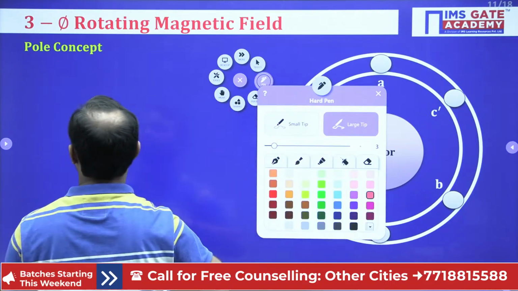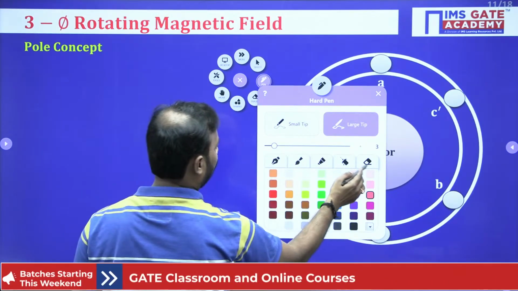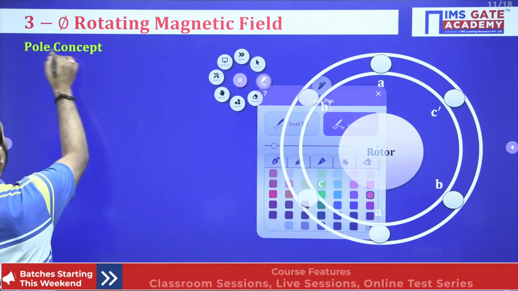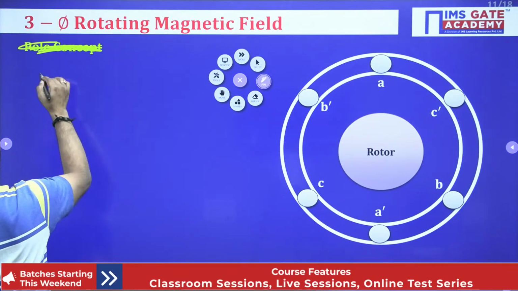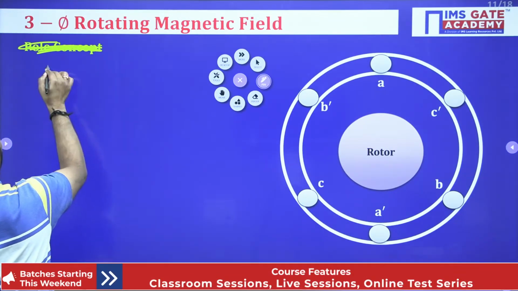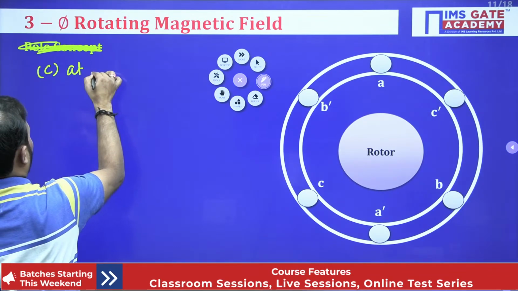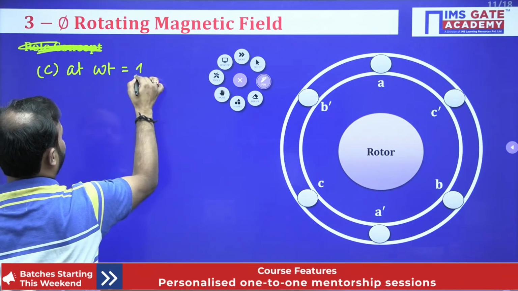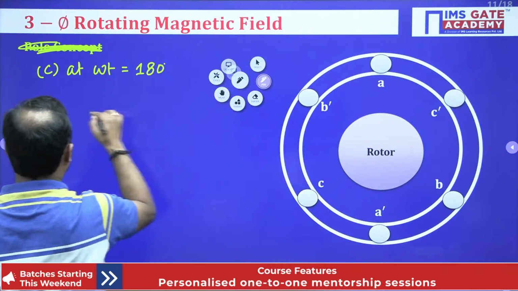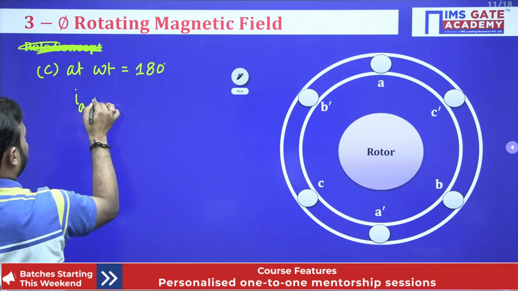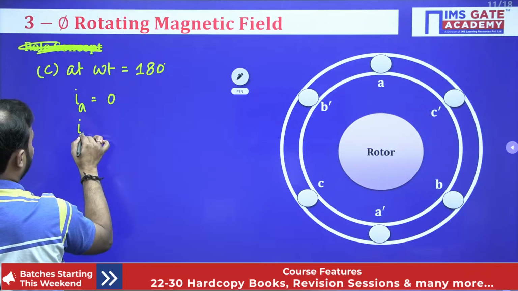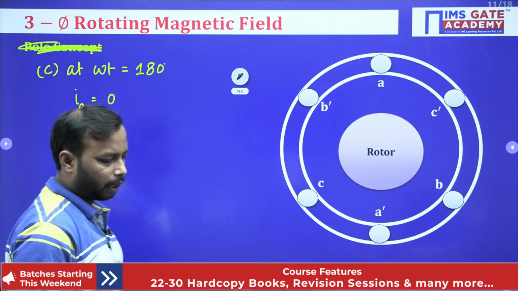Okay, so the last instant will be what? See, at omega t equal to 180 degrees, let us take. So your Ia is what? This is 0. Your Ib is Im sin(omega t minus 120).